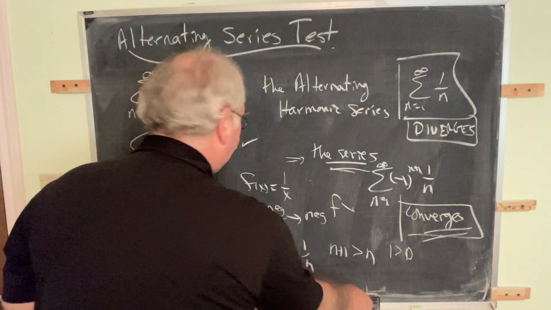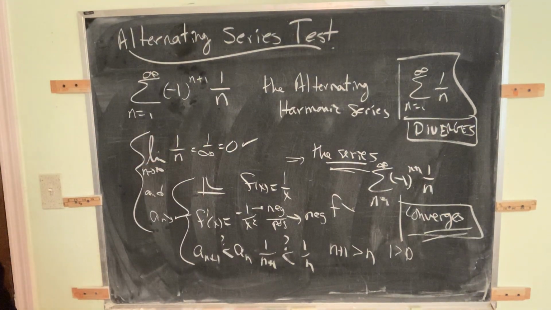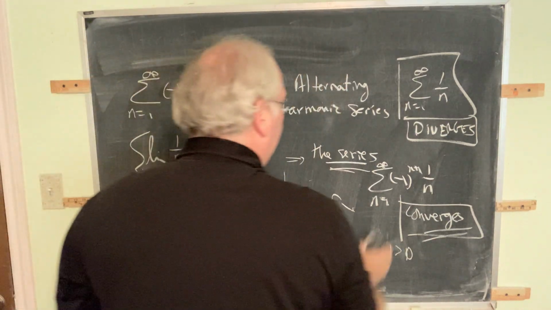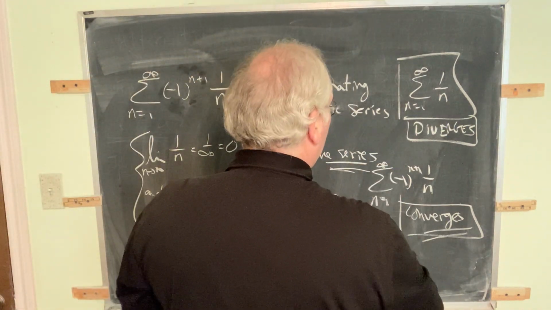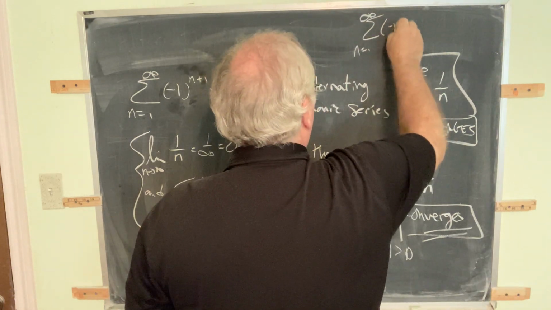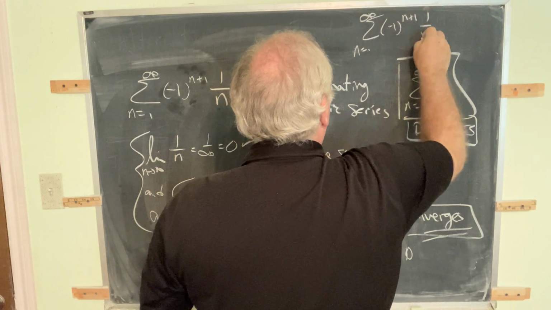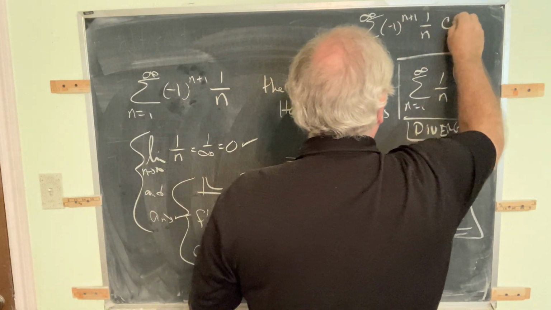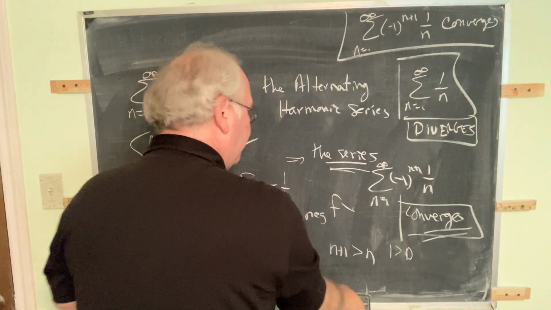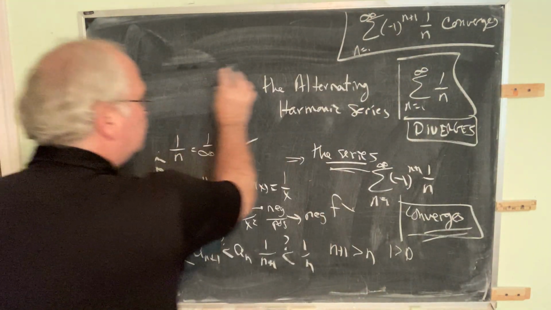All right? Now, from that, in fact, I'm going to write this up over here. So I have this still, negative 1 to the n plus 1, 1 over n. This converges. I want to keep that here for my discussion that's going to follow.